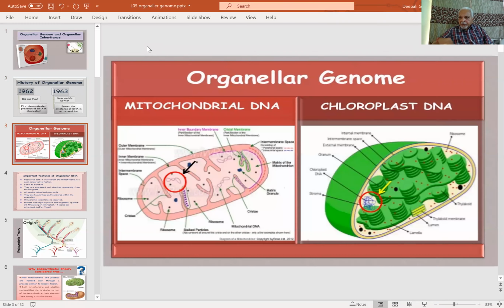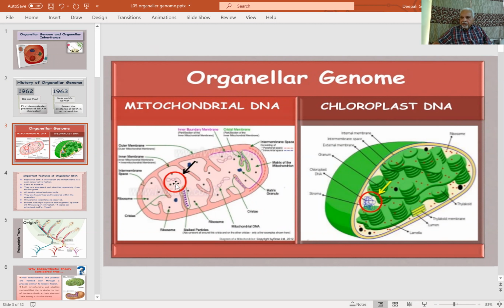And structurally, nucleoid-like structures were seen both in mitochondria and chloroplast, which had the DNA in them. Okay.